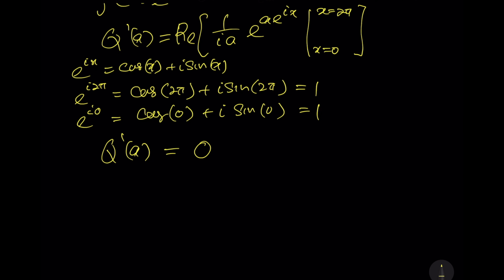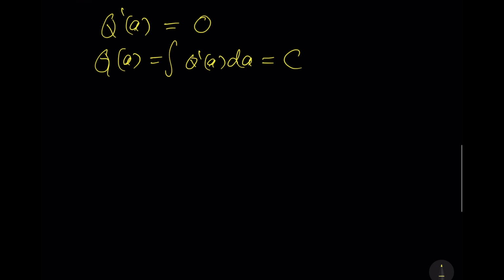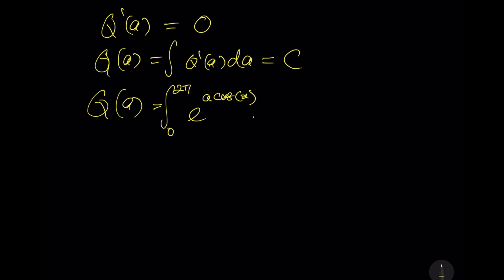We would like to get Q(a) back, which equals the integral of Q'(a) da, equals 0 times a plus a constant c. Of course, just a constant c. Now, how do we find the value of c? Recall that there is another version of the function Q(a) that we defined at the beginning of this video. Let's copy it and put it here.